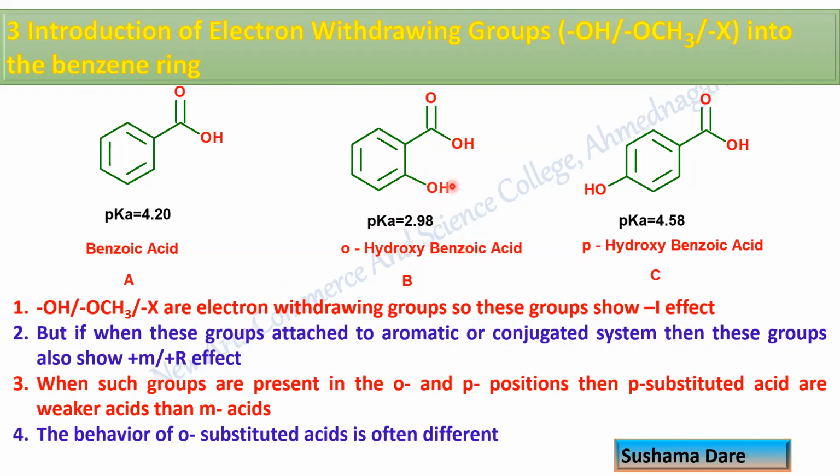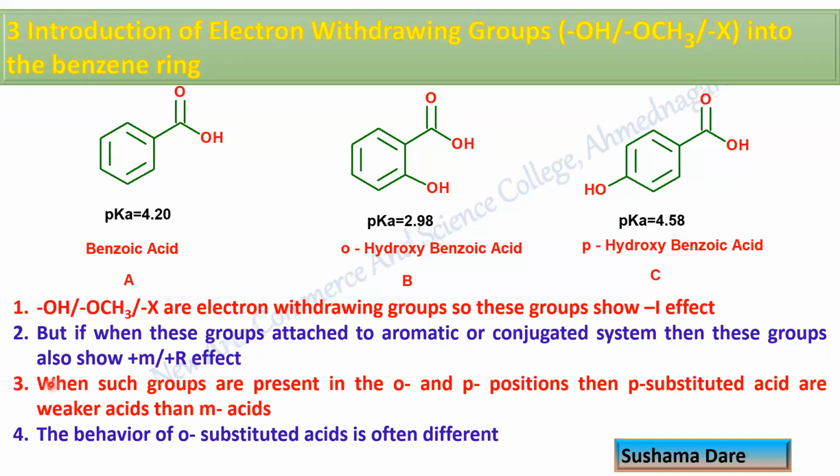But if these groups are attached to a conjugated system, like the aromatic ring, then instead of minus I effect, which effect do they show? They show the electron donating mesomeric effect and electron donating resonance effect.